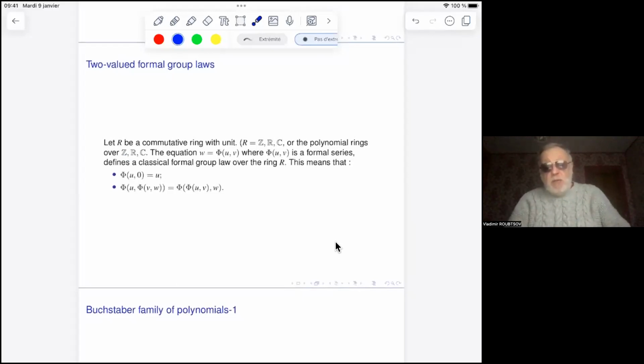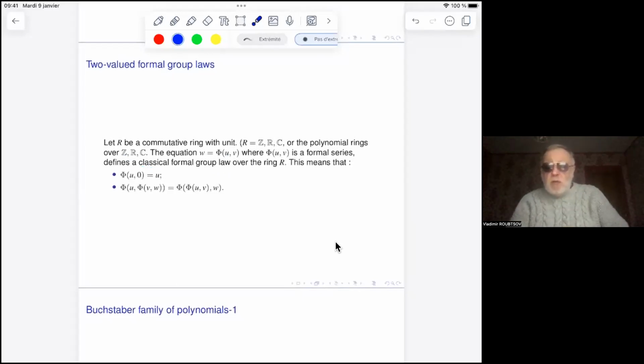And then we say that the equation W equal to phi of UV defines the classical formal group law over the ring R if two simple things happen.